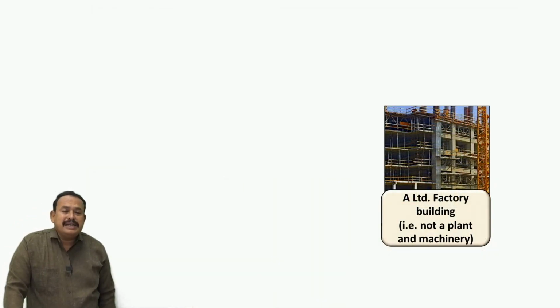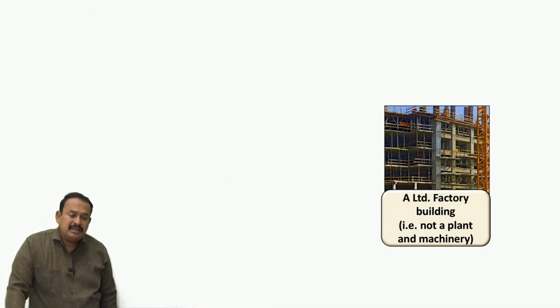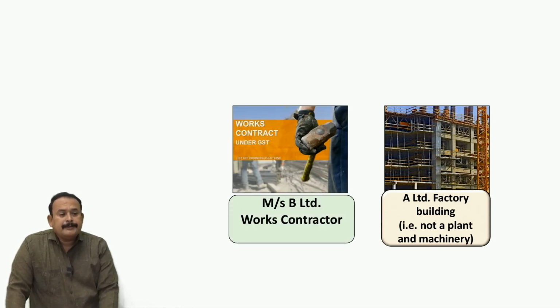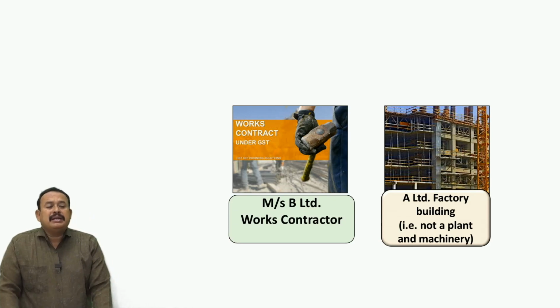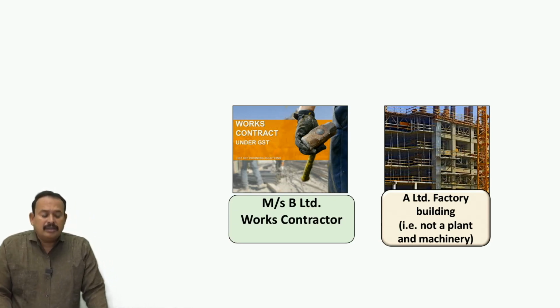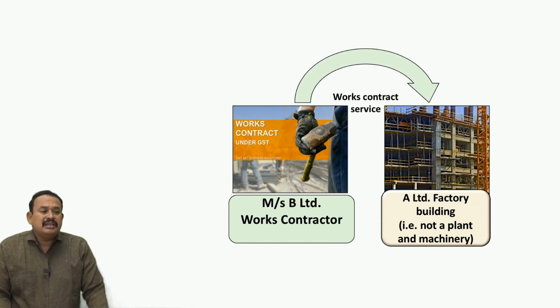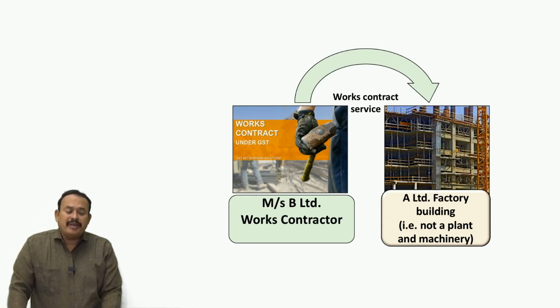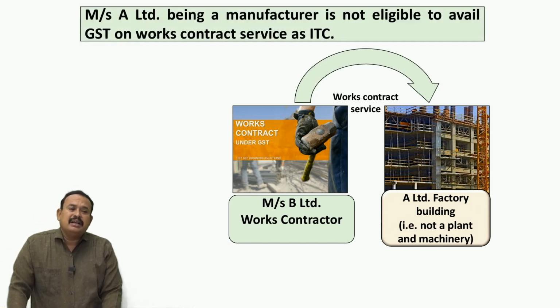Further, my dear friends, A Limited's factory building which is under construction is not plant and machinery. B Limited, a works contractor, is providing works contract services to A Limited. In that case, A Limited, as you are aware, is not eligible to avail input tax credit. A Limited, being a manufacturer, is not eligible to avail GST on works contract service.